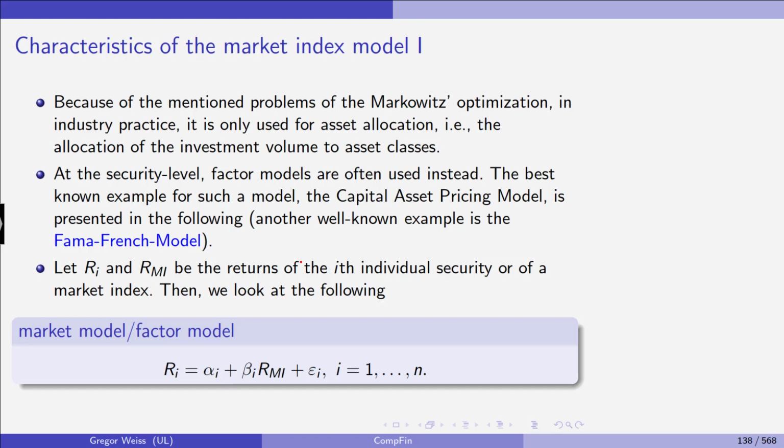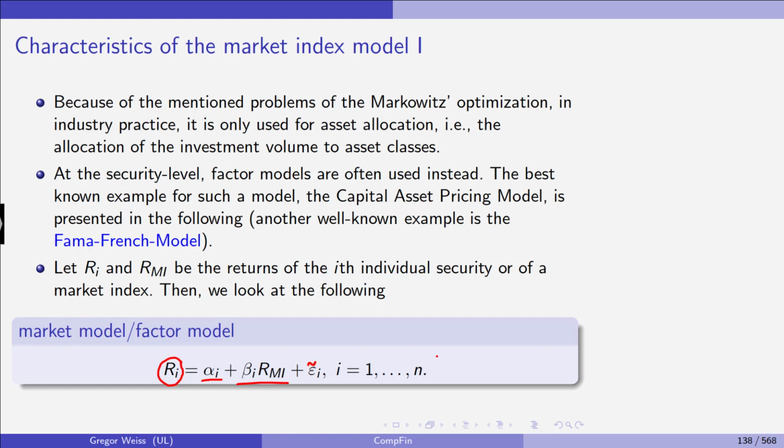but the capital asset pricing model is the prime example of a factor model. So let R_i and R_Mi be the returns of the ith individual security or of a market index. That's why it's M_i. We look at the following market model or factor model. We argue that the individual return of a stock is given by an alpha_i, plus beta_i, times the return on the market index plus a stochastic error.